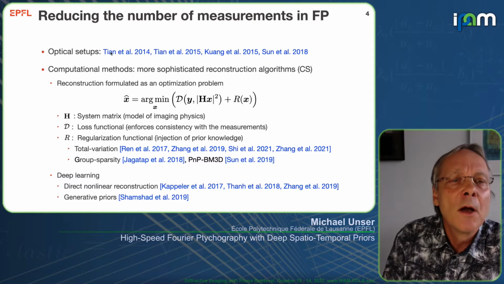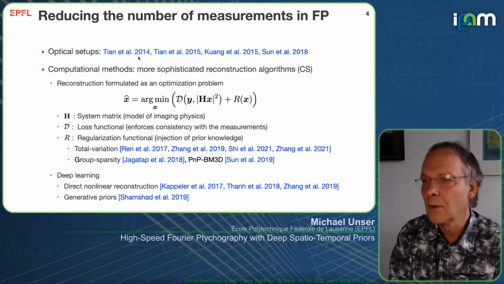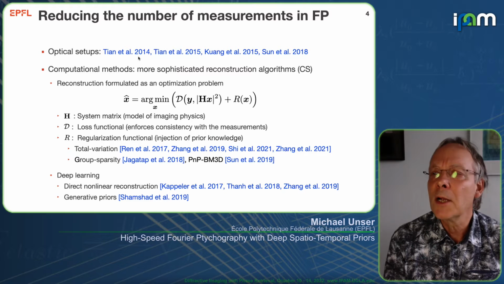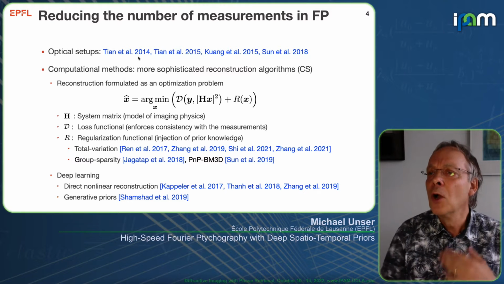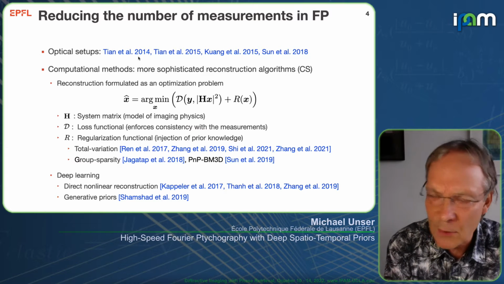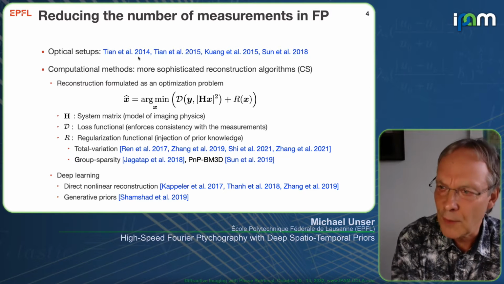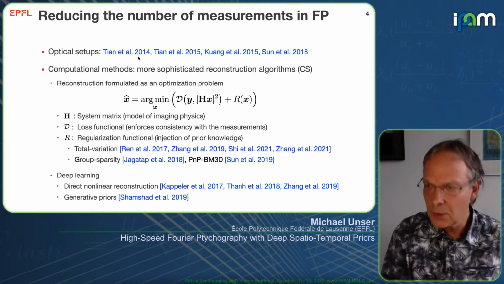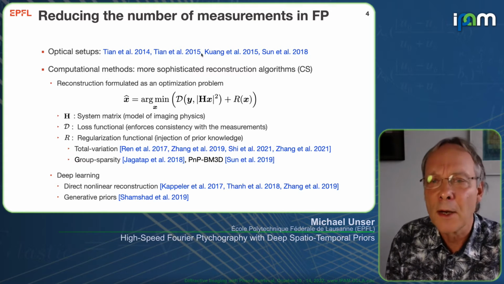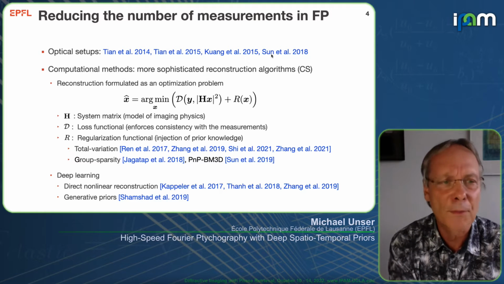There's Tian et al. and also Laura Waller's group. There, the idea was to use multiplexing, so to shine several LEDs at the same time, and also use the fact that the light is incoherent, so that you can get more efficient measurements. There are also variations on that theme.